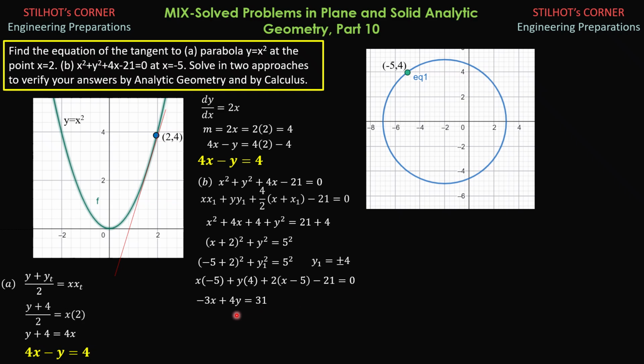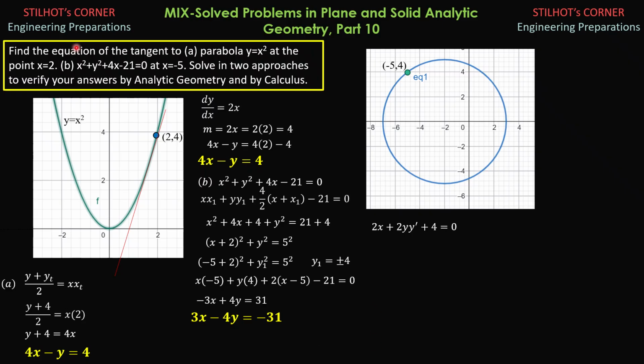Rearranging such that x is positive, the equation of the tangent at this point is 3x minus 4y equals negative 31.